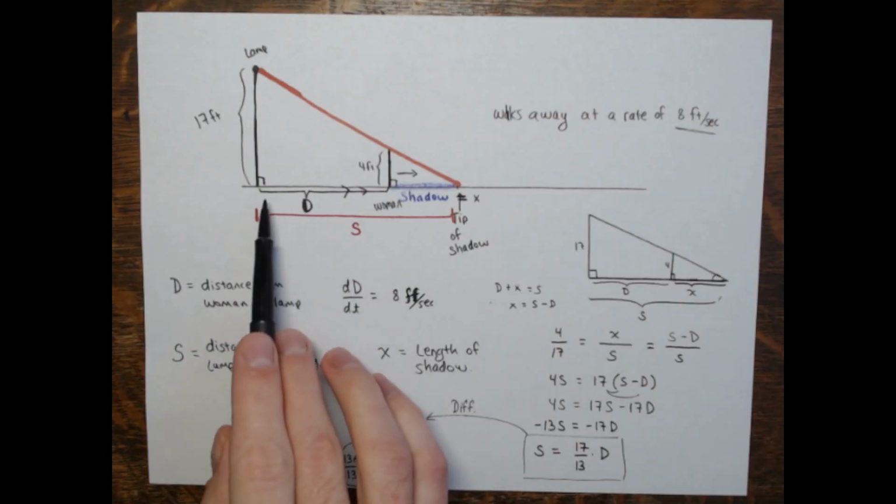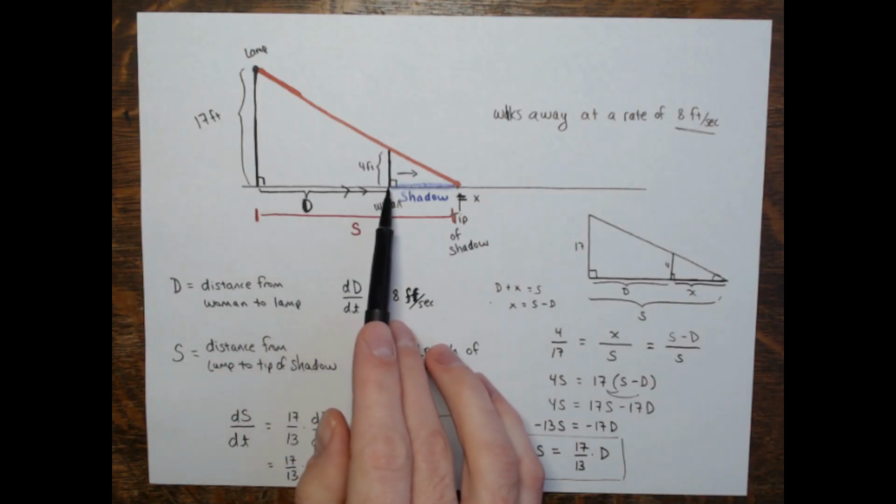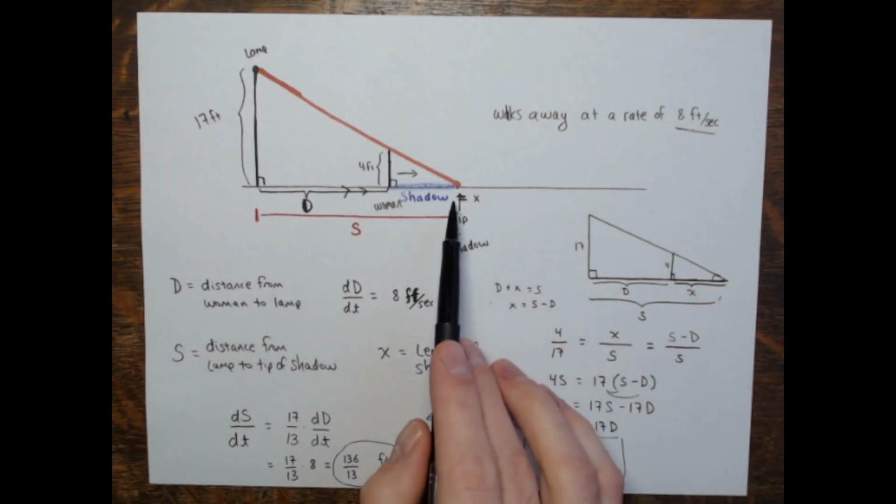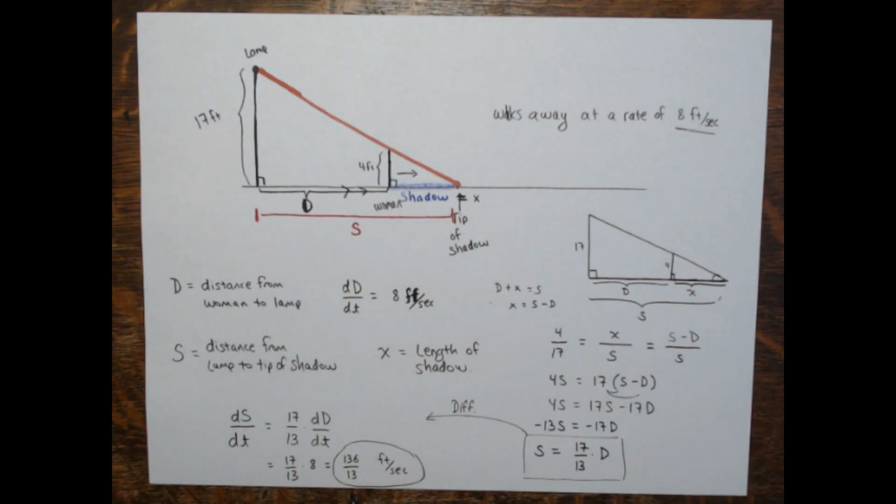So if she walks away from the pole at 8 feet per second, the tip of her shadow is moving away from the pole at a little over 10 feet per second, almost 10 and a half. But we're asked to leave it exact, so I'm just going to leave it as 136/13.